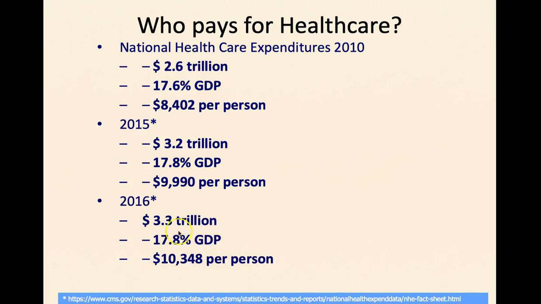Now, this is very important because if it did not go up between these 2 years, that could be a sign that healthcare expenditure is stabilizing. However, the cost per person has actually increased again, which in 2016 is pegged at $10,348 per person.